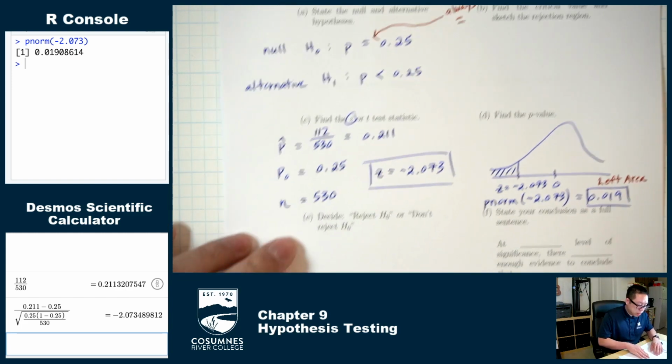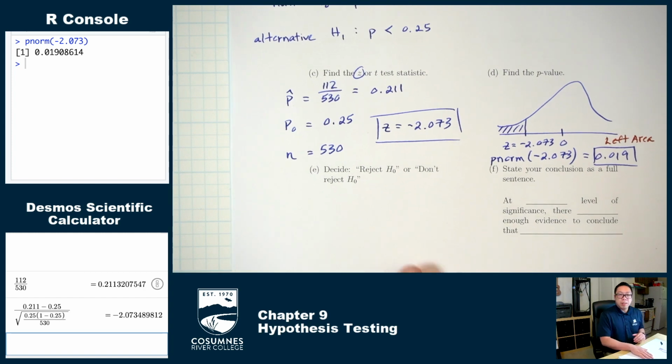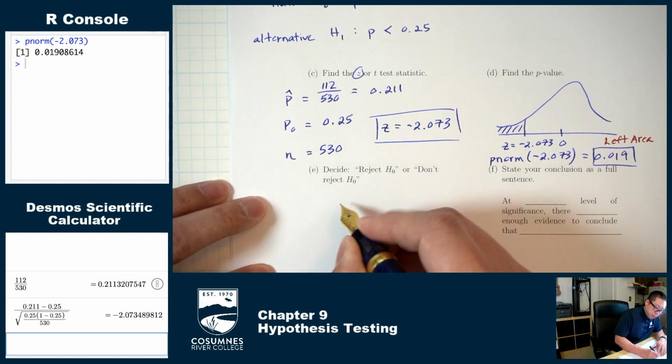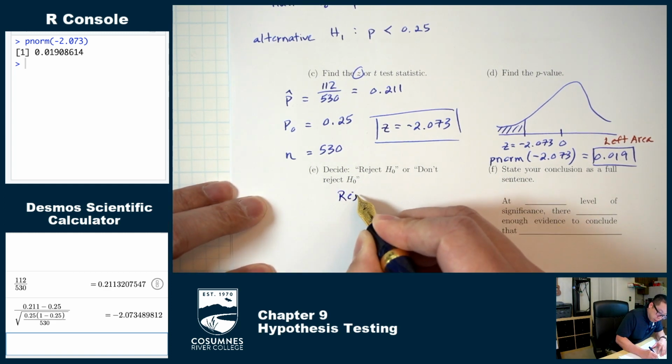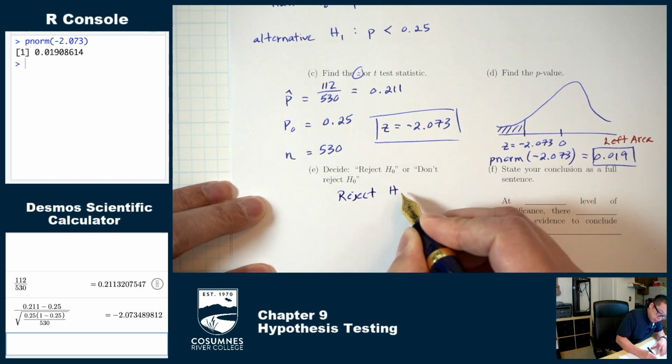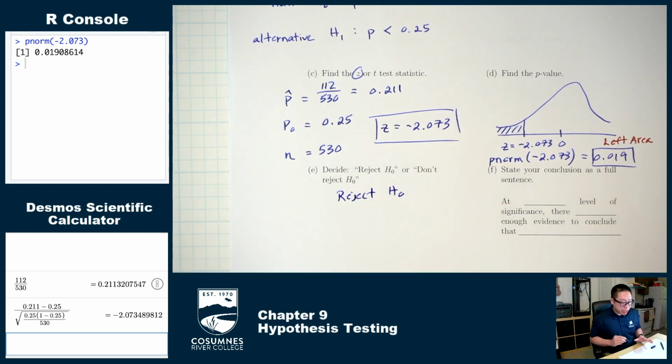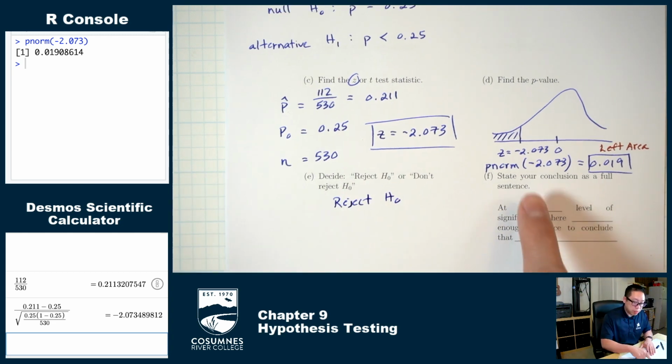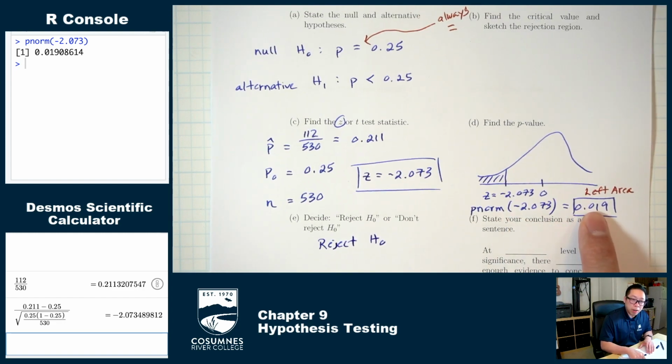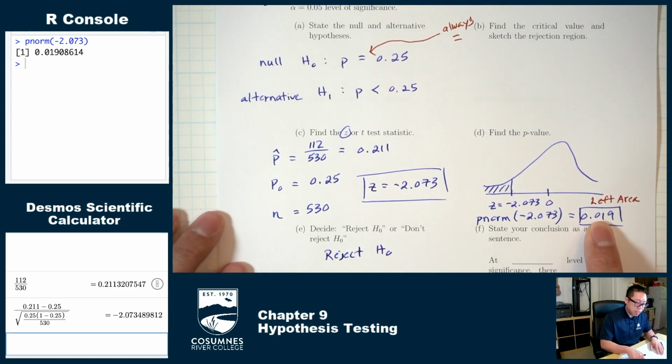Okay, which brings me to part E. Saying H0 is wrong, technically what we're saying here is that we're going to reject H0. And the reason why we're rejecting H0 is because what happened to us is so rare that a better explanation is that H0 is wrong.